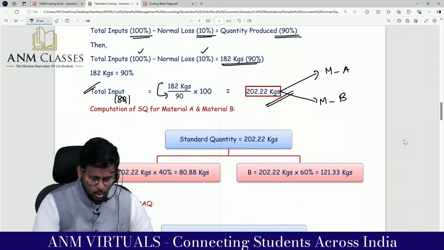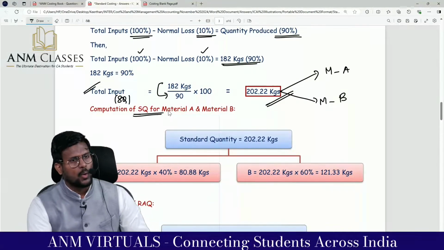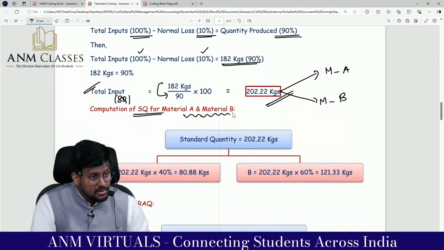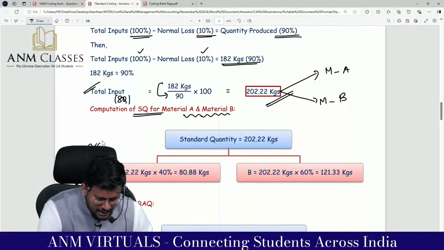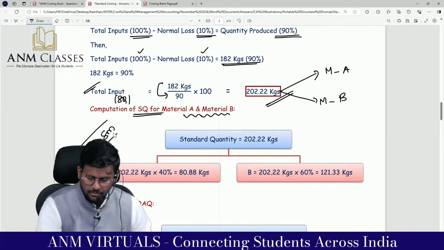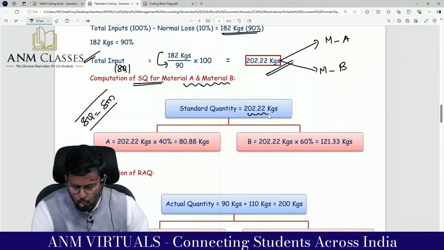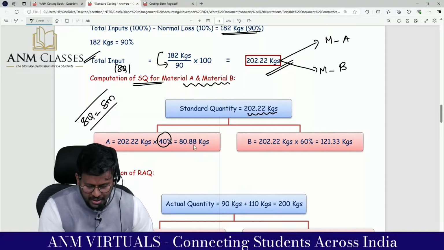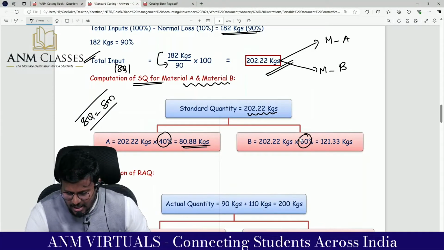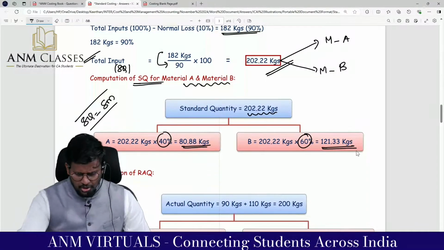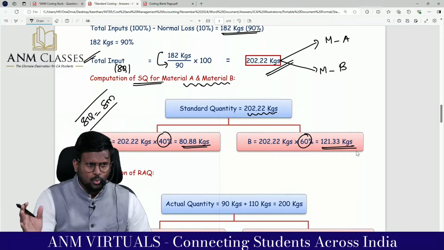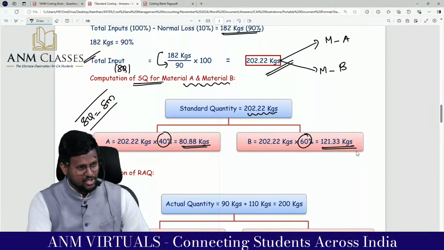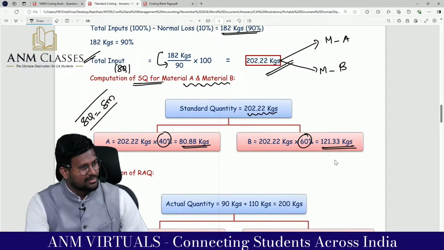So, computation of standard quantity for material A and material B. This should be in the standard mix. The standard quantity is 202.22 kg. 40% is material A and 60% is material B: 202.2222 gives you 80.88 kg and 121.33 kg.